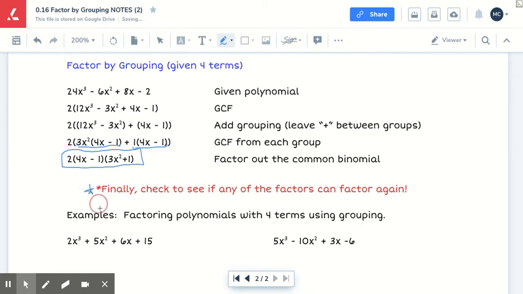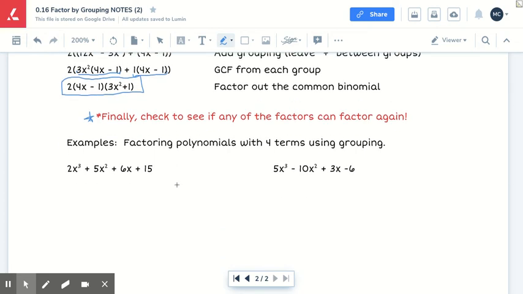Now with this one, particularly when you're dealing with cubics or quartics or anything of a higher degree polynomial, you do need to check your factors to see if they can factor any further. Like this one here is still quadratic, so there's a possibility it could factor further. In this case, it does not.